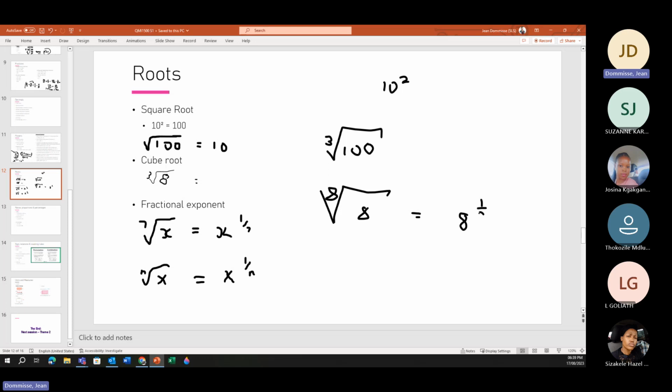So depending on what is in that root area, that is what you will then say 1 divided by. Again, just that link between the power function and the roots function. That is something to the power of, and then the other side is if you have the root of, so it's just doing the opposite.